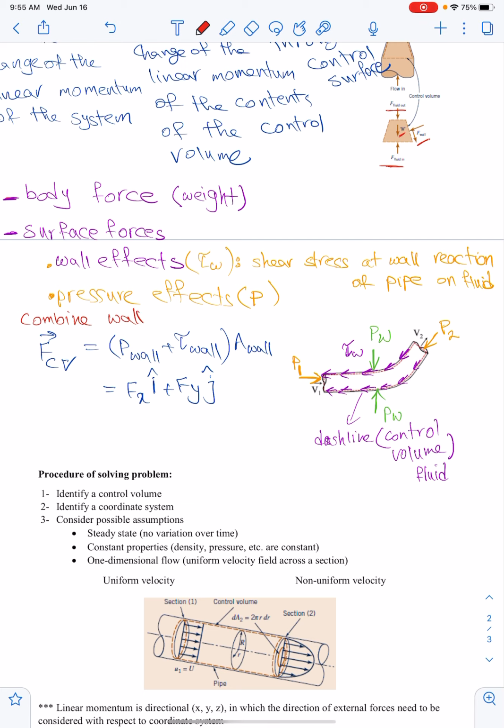So this is the combined wall effects from pressure and shear stress.